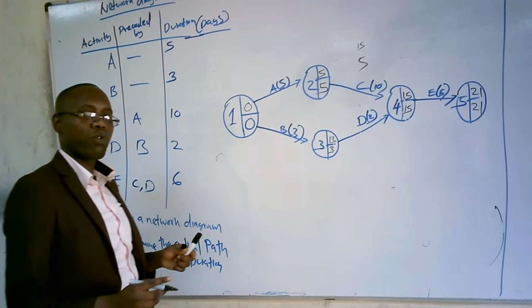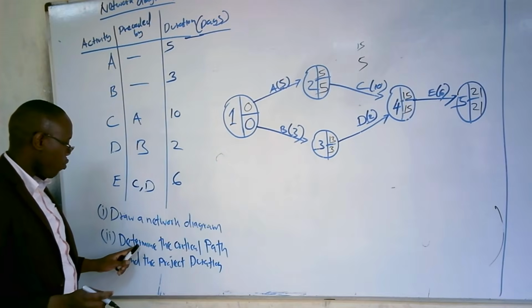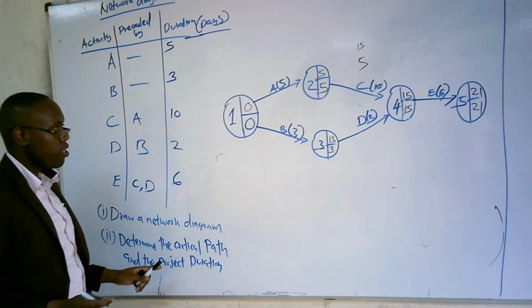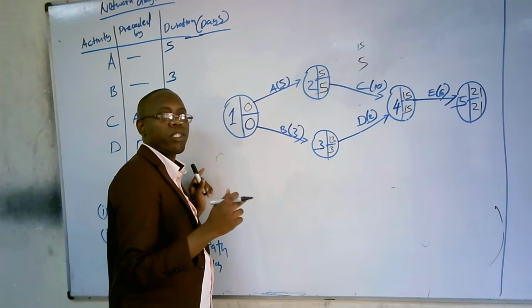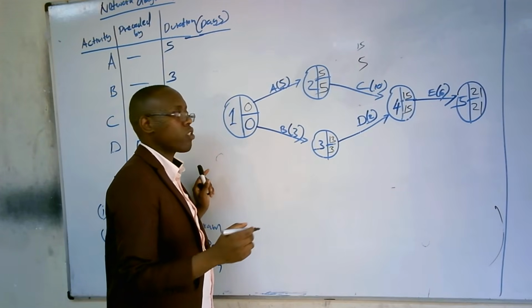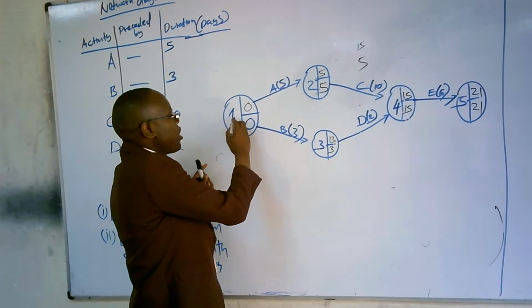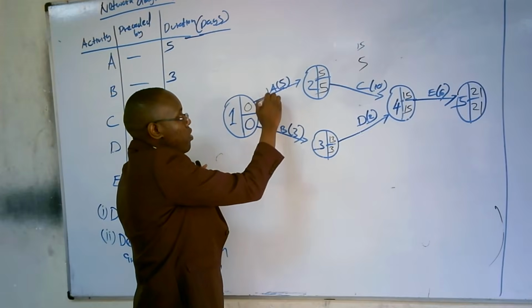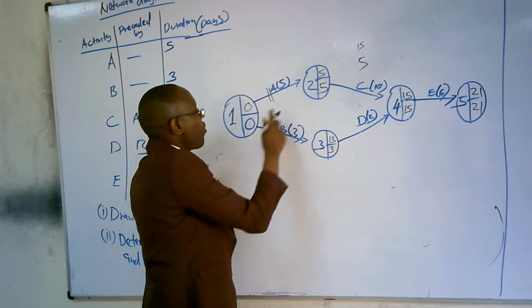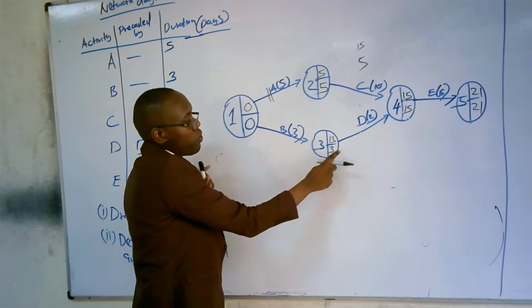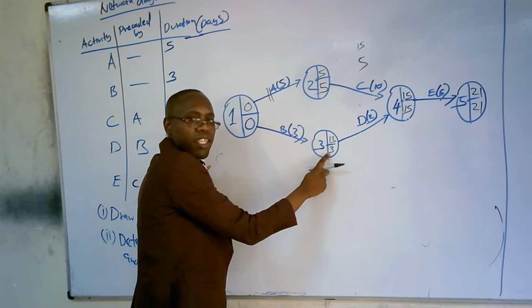So now the question was, we determine the critical path. The critical path is whereby the earliest start time is always equal to the latest completion time. Like the critical path from 1 to 2, that's a critical path, because we have 0, 0, 5, 5. But 1 to 3 is not a critical path because here we have 13 and 3, they are not equal.